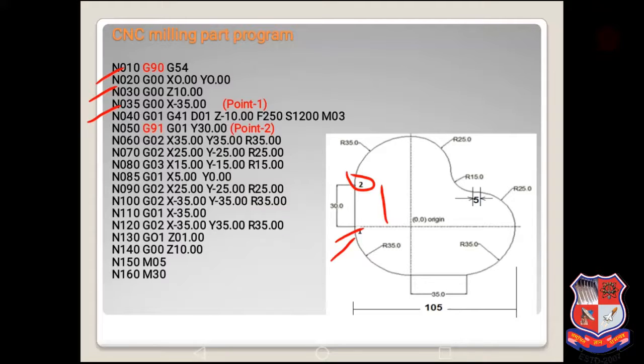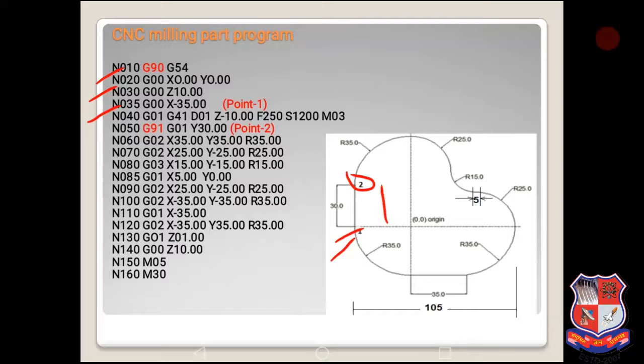In our previous program we used the value of I or J, or I and J, with the circular interpolation, but in this case we use the capital letter R. So it is another way to write the circular interpolation block, whether we use I, J, or we can also write the R, but the value of that R or I or J is always in incremental mode.